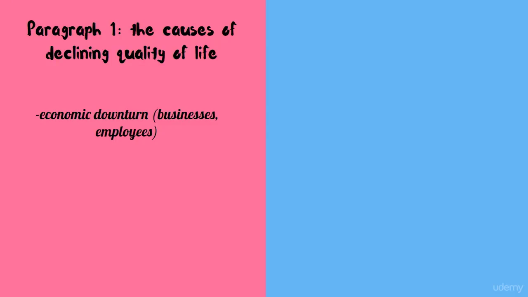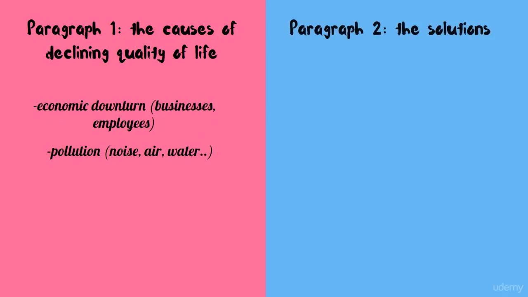And the second reason is pollution, which includes noise, air, and water. For the second paragraph, where you need to list the solutions, here are my suggestions. You can say, in order to fix this problem, the government can issue policies. They can also improve the medical systems.